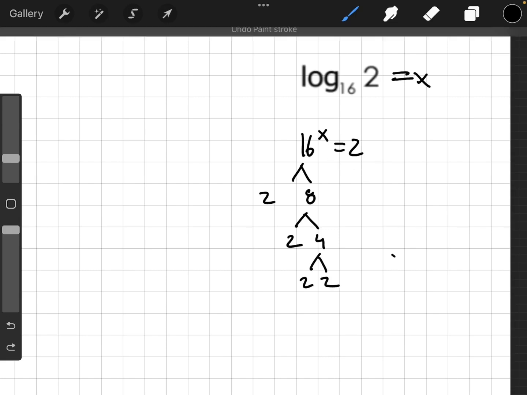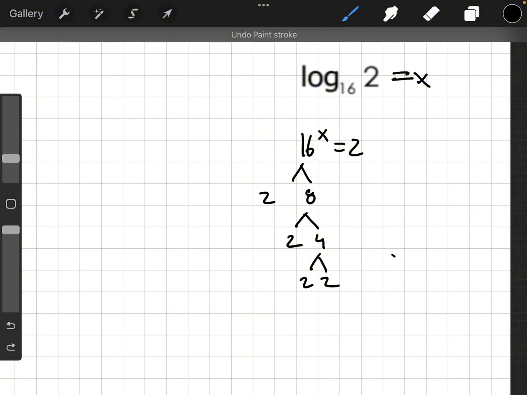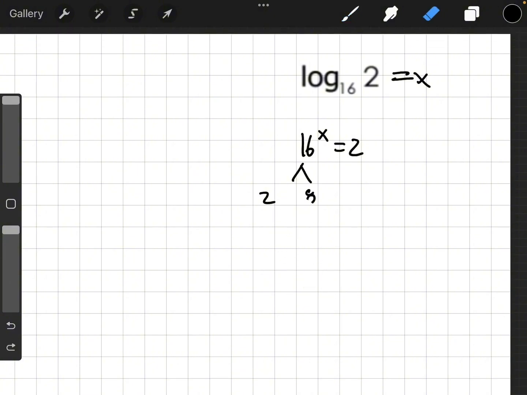To match this number, we have 4 of these. And because we know that x needs to be less than 1, we'll raise it to 16 to the power of 1/4 equals 2. Therefore, x is equal to 1/4.